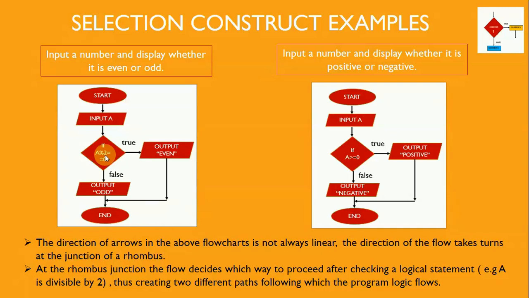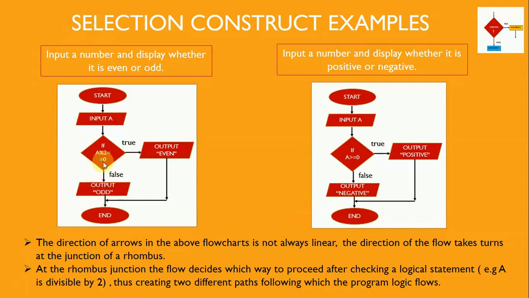And if after dividing by 2 the remainder is 0, if it is true, then I will display even, and if it is false, I will display odd. So you can see there are two paths. If the value is true, I will display even, and my flow will come like this, and here my program will end.